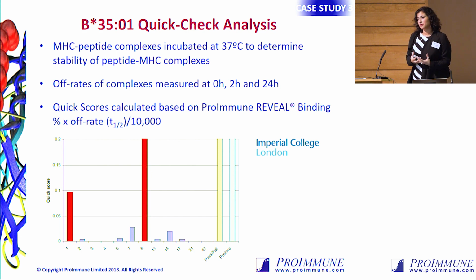So it is one thing for the peptide to bind onto the MHC molecule. It's another thing for it to bind long enough to be a good enough epitope or a more viable epitope. So we also offer not only the binding assay as a module, but we can also analyze the off rates of those peptide binding. And we test that at several time points, 0 hour, 2 hour, and 24 hours.